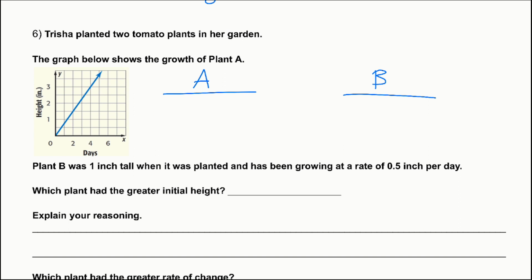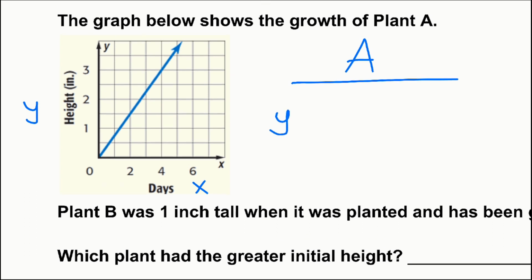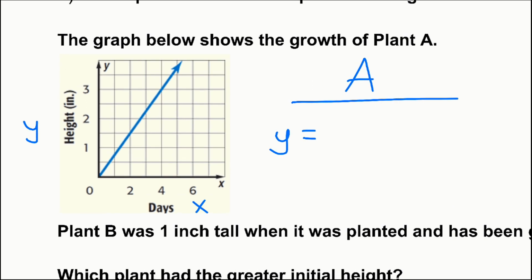So, first thing, days is always x because it's time. y is going to be our height. If we're trying to determine the height of these, we need to find the rate at which they're changing. So that would be picking your crosshairs and finding the rise and the run.